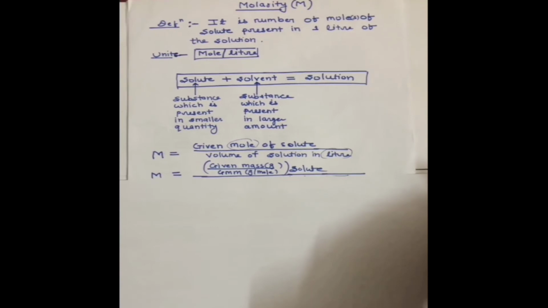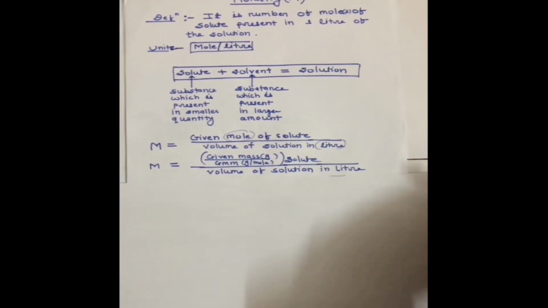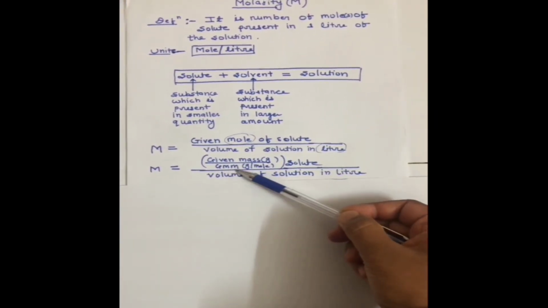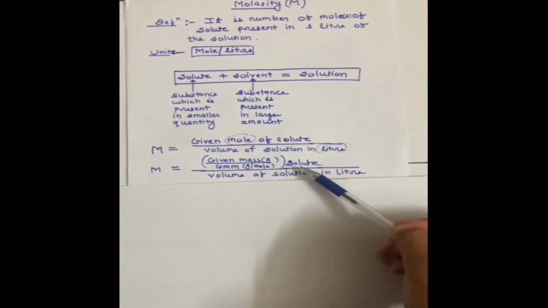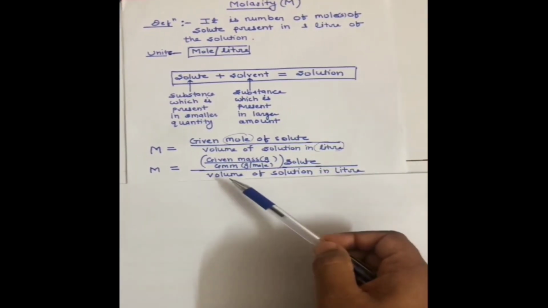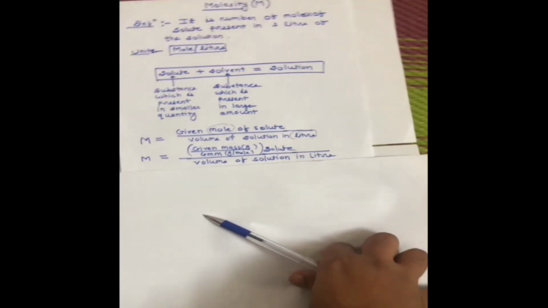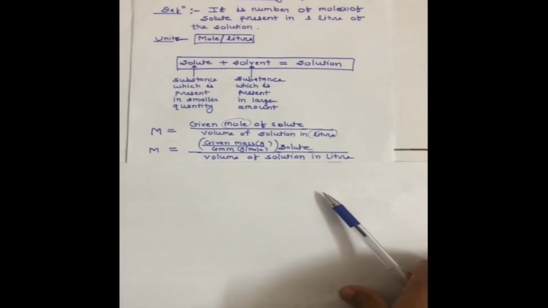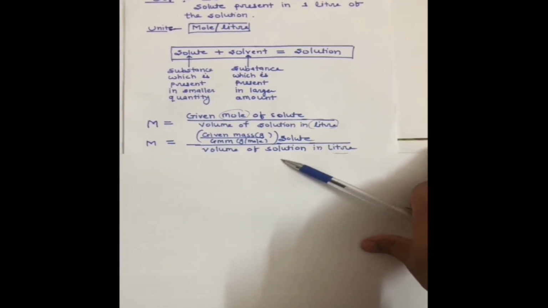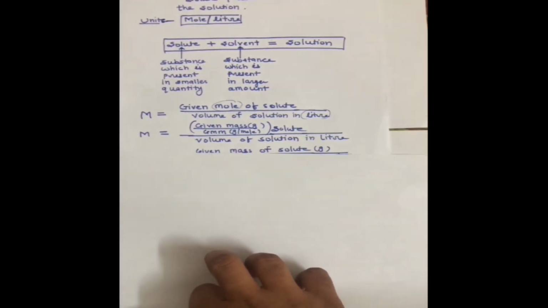Now what is mole? We already discussed it in our previous video lesson. Mole is given mass divided by GMM of solute, because we are taking mole of solute, divided by volume of solution in liter. Given mass is what you get in the question, and GMM we can calculate with the help of atomic masses, as gram molecular mass.